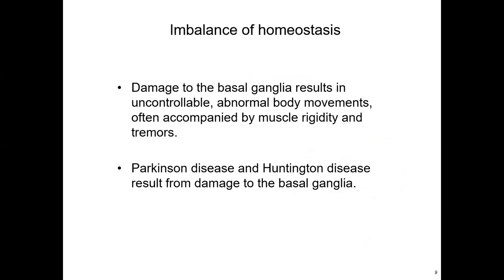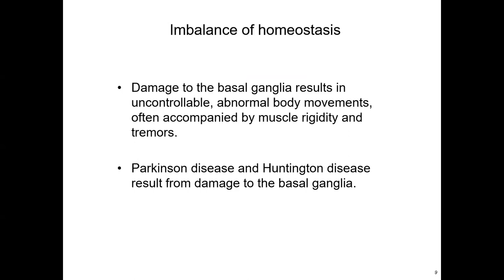So whenever one of these editors is damaged, whether it's a physical damage or a malfunction of the neurons because of some genetic disorder, skeletal muscle movement becomes difficult to control.